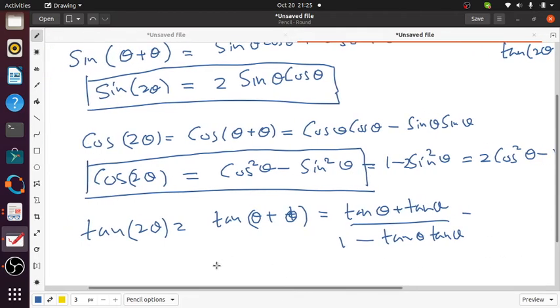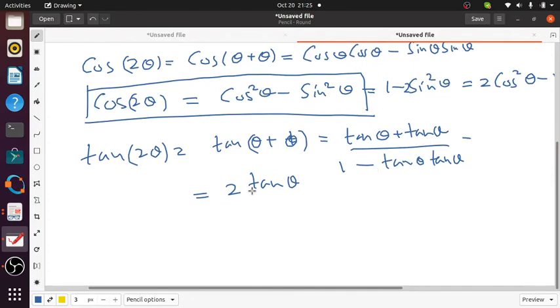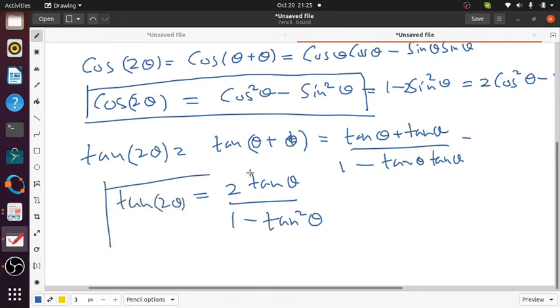Tan theta plus tan theta is equal to 2 tan theta. 1 minus tan theta multiplied by tan theta gives you 1 minus tan squared theta. So this is the double angle formula for tan 2 theta.